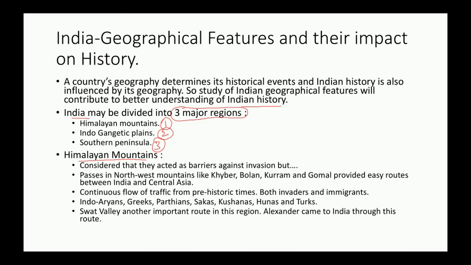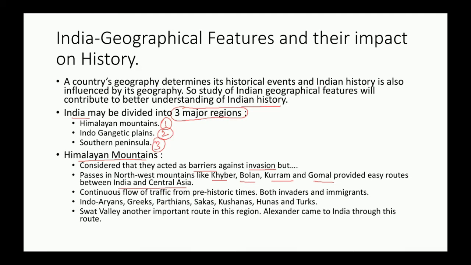It is considered for a long time that the Himalayan mountains acted as barriers against invasions, but the passes present in the northwest mountains like Khyber, Bolan, Kurram and Gomal provided very easy routes between India and Central Asia.